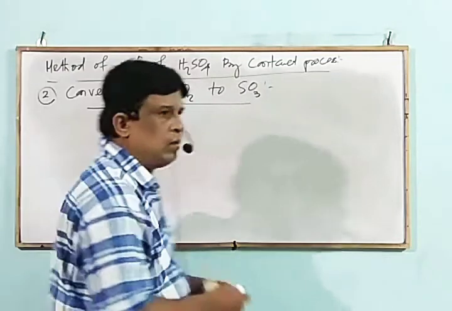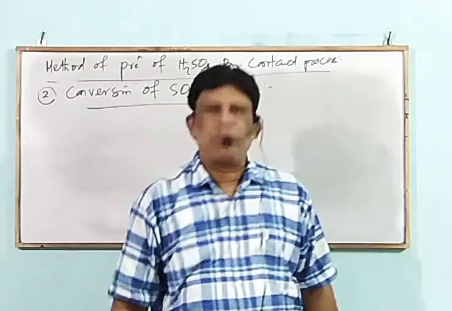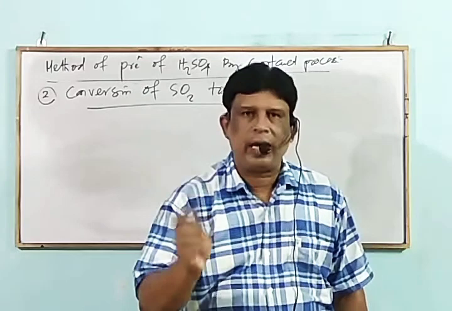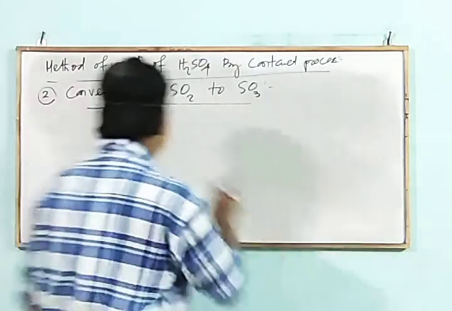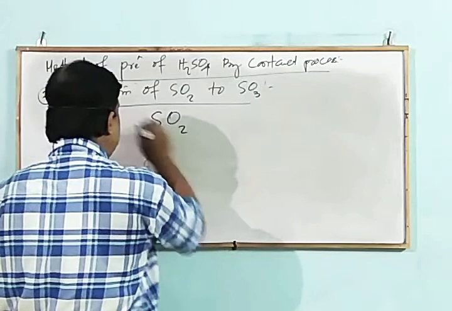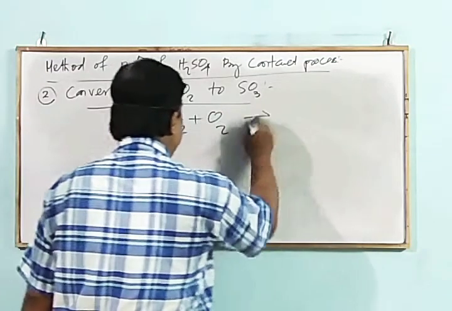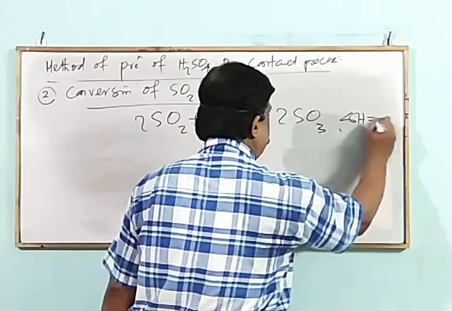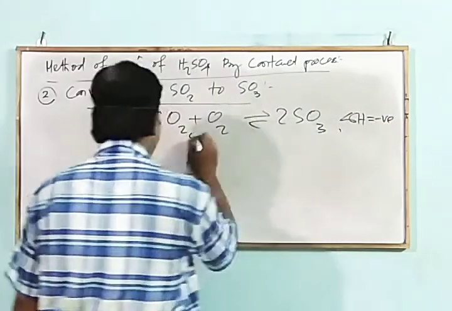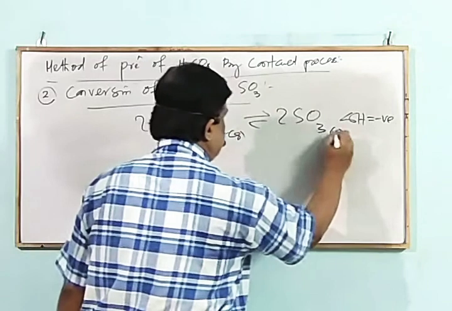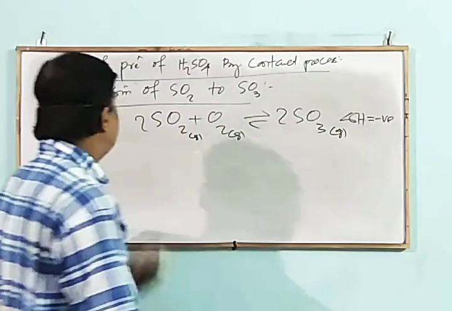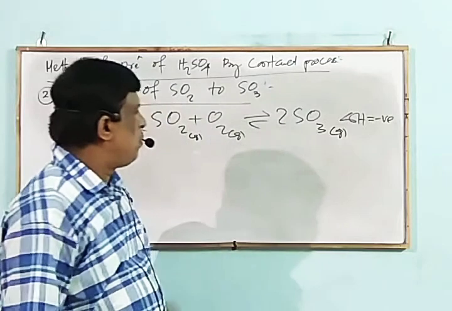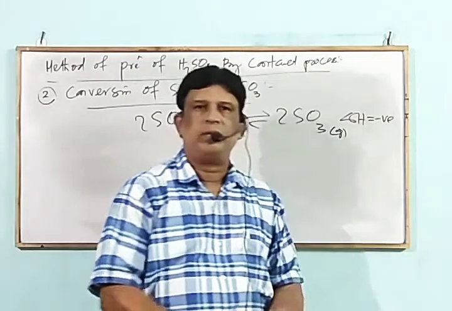That means when oxidation of sulfur dioxide takes place, it results in the formation of sulfur trioxide. Mark the equation. That is SO2 plus O2 gives rise to SO3, delta H is equal to negative. Mark that. When SO2 undergoes oxidation, it results in the formation of SO3.